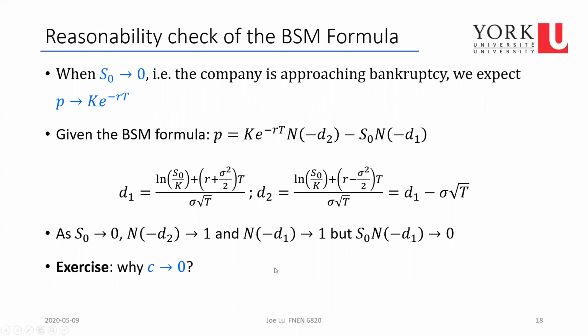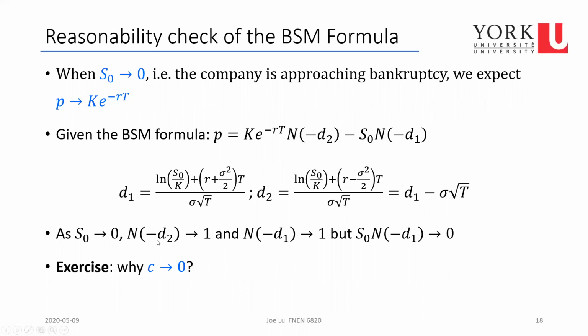Which means that N(minus D1) or N(minus D2) will approach 1, because this part is negative infinity, and minus that is positive infinity.